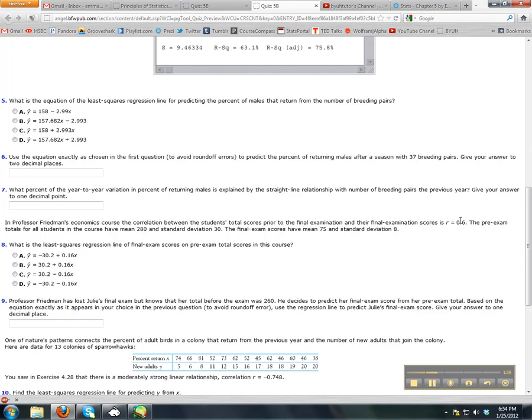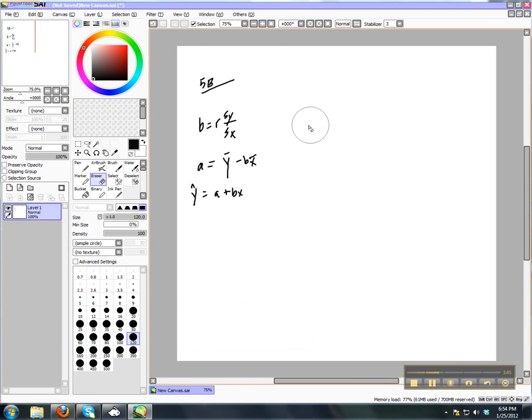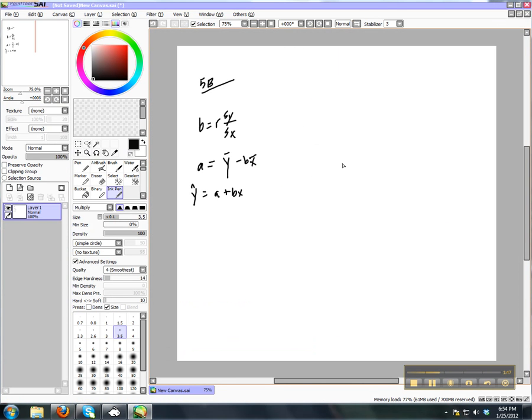Let me write that out for you. So r is equal to 0.6, and Sy, remember, is the response, so that's a standard deviation of 8, and Sx is 30.